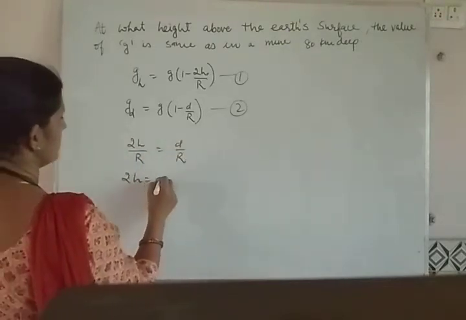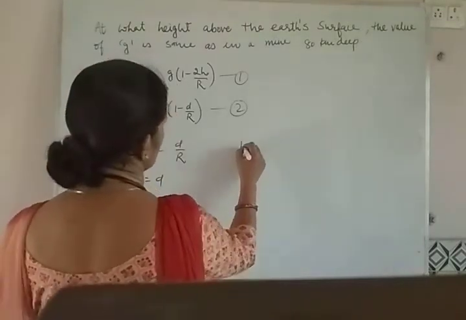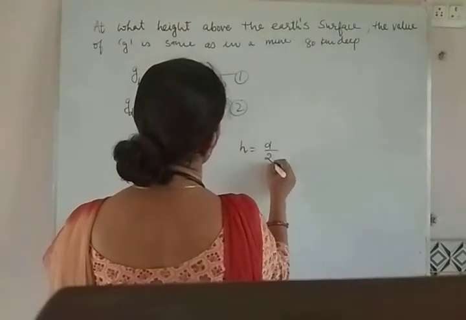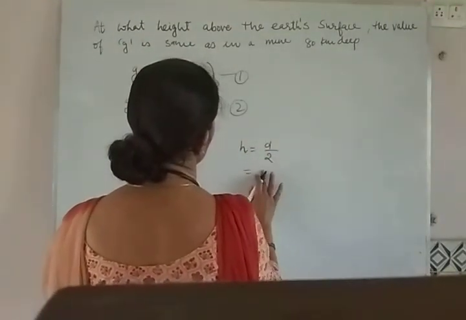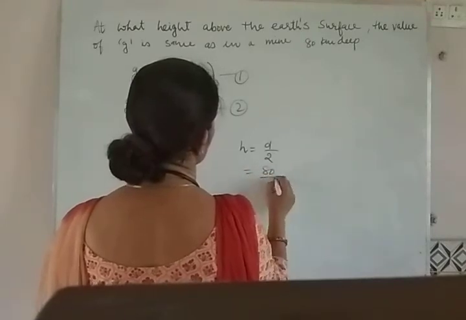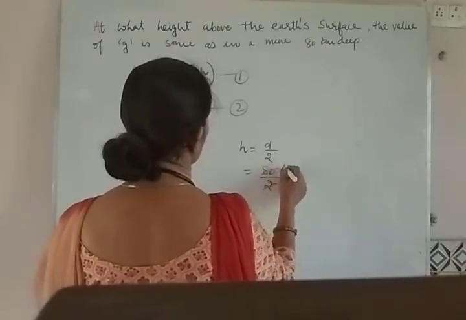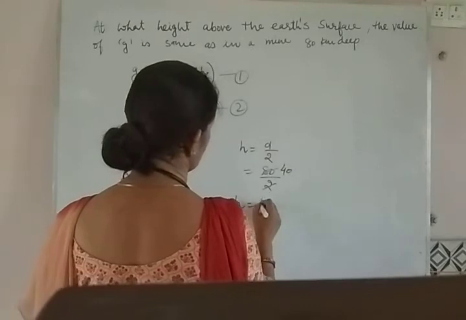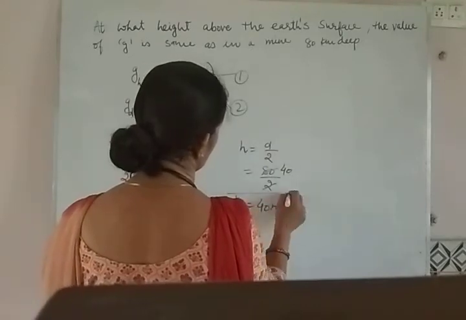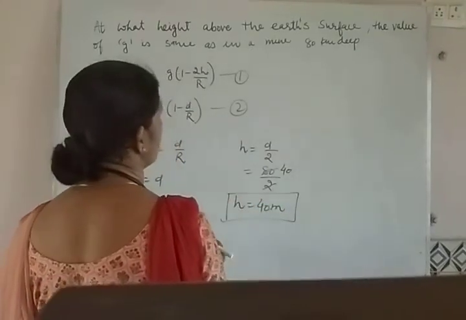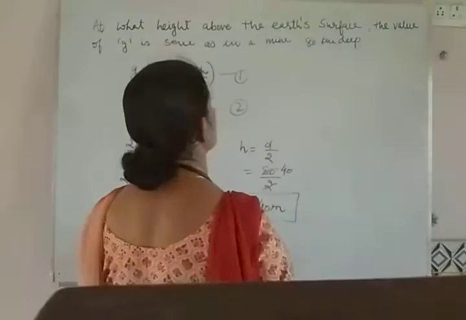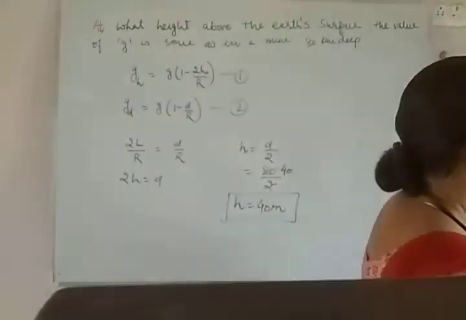So 2h is equal to d, so h is equal to d by 2, and you know the value of d, that is 80, so h is 40. So h is 40 above the earth's surface will have the same value as 80 in the depth.